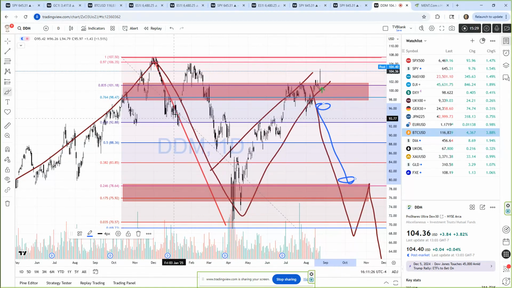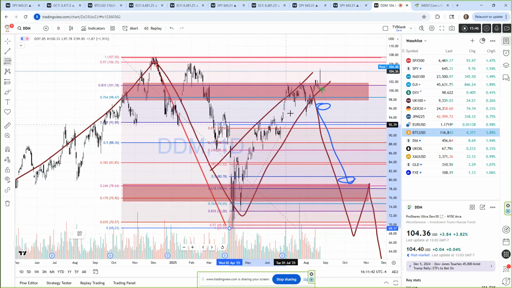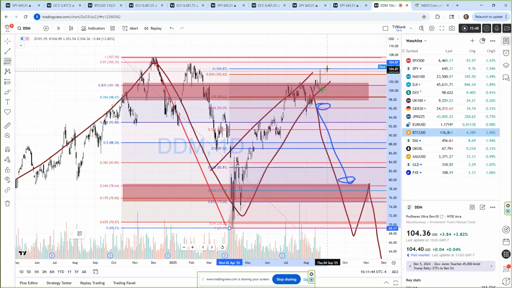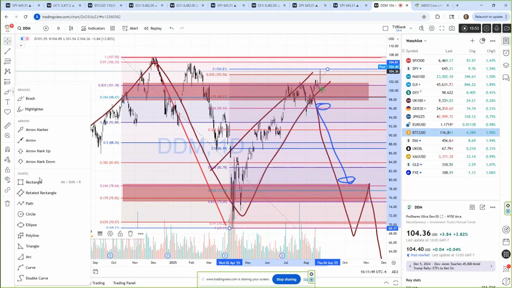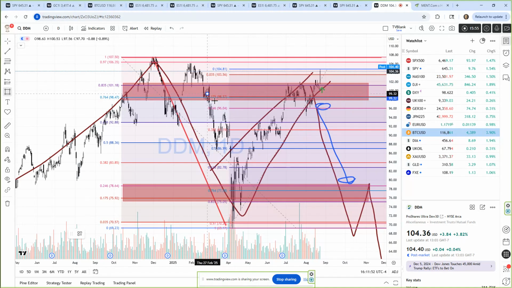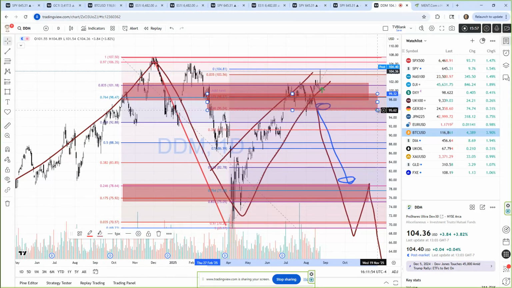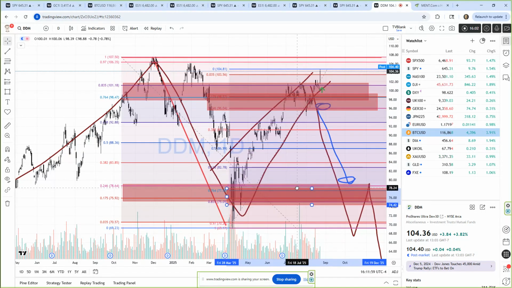Now, how did we stall right over here? It's these defense levels. Mathematically, these levels tend to be the most common levels. Now, when you come over here and take a look at this range, if we come off of this low again, come up to this high, our defense levels are still in this area and down here in this area.